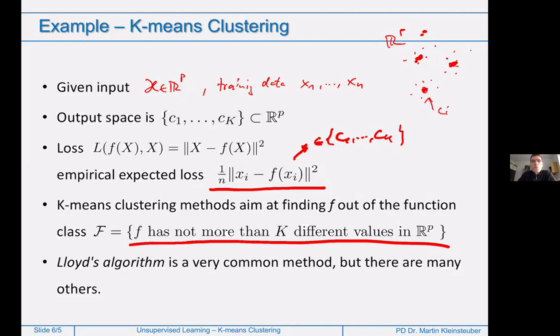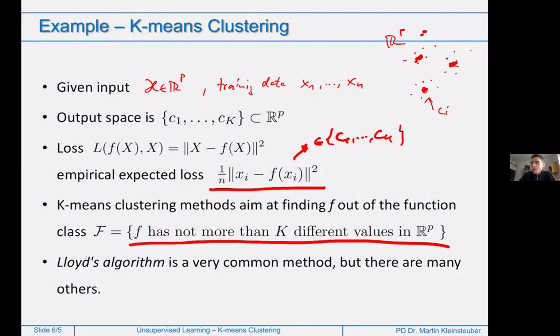Okay. So the next question is, how do we realize dimensionality reduction? In k-means clustering, we realize this by, well, it's a volume reduction more than a dimensionality reduction. This is why I call it volume reduction.